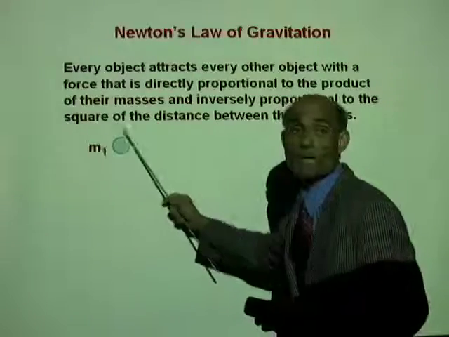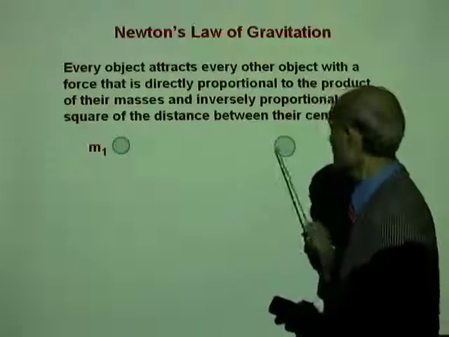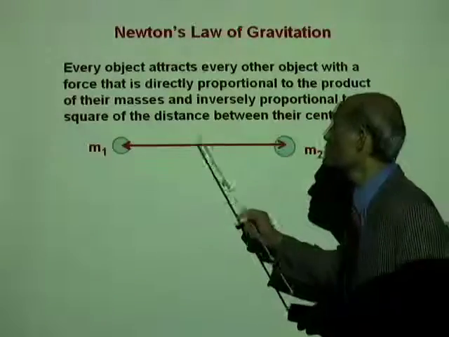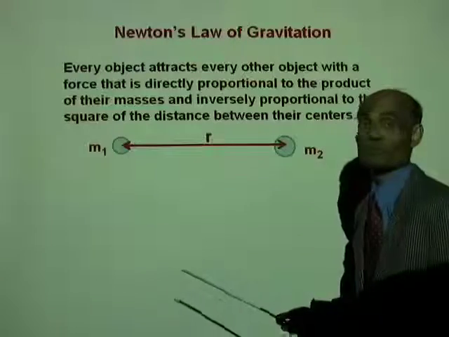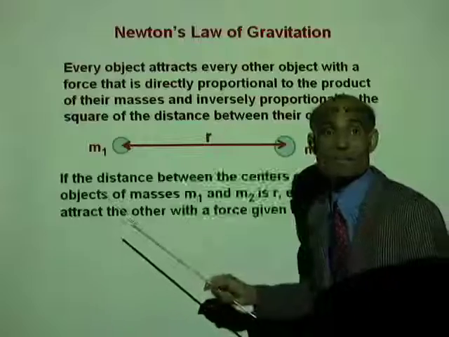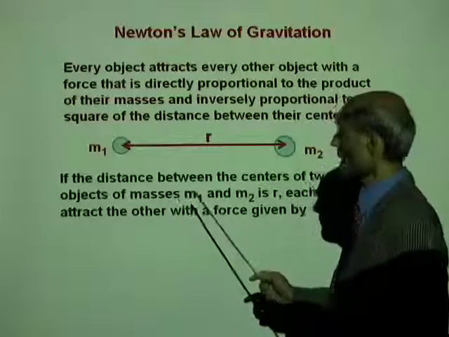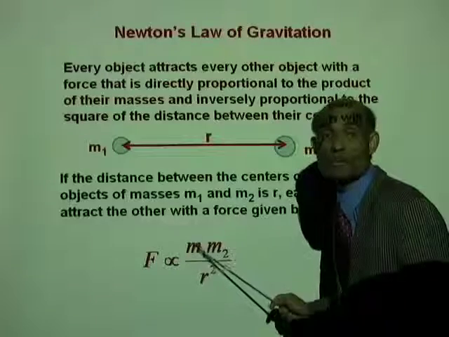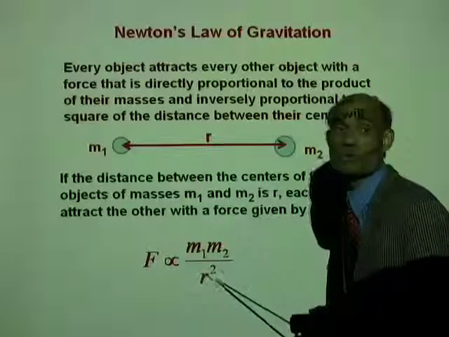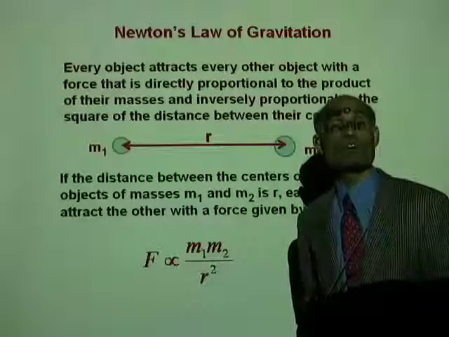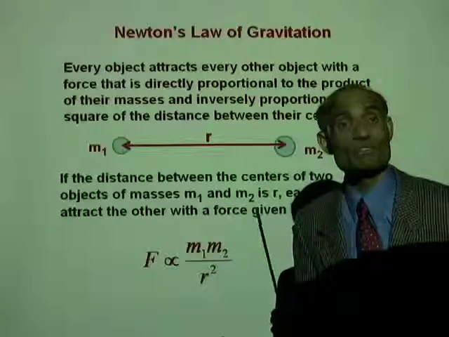Here I have a mass m1, another mass m2, separated by a distance r. Now we can rewrite this law using mathematical notation. F is directly proportional to m1 m2 divided by r squared. This is the statement of Newton's law of gravitation.